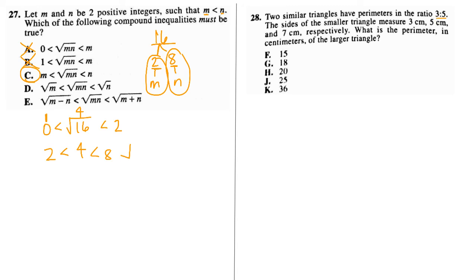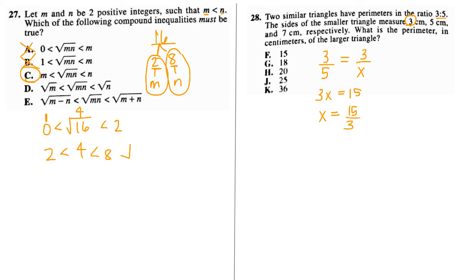If it's 3 to 5, I know 3 to 5 is equal to 3 over x, and we cross multiply. We have 3x equals 15. So we have x to be 15 over 3.